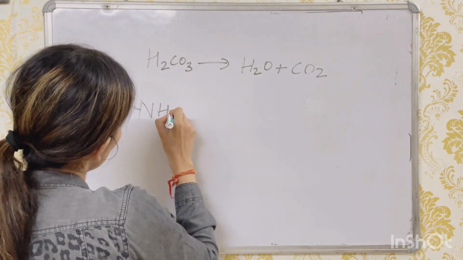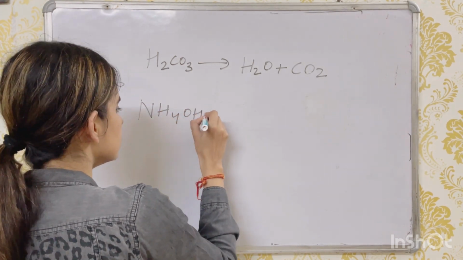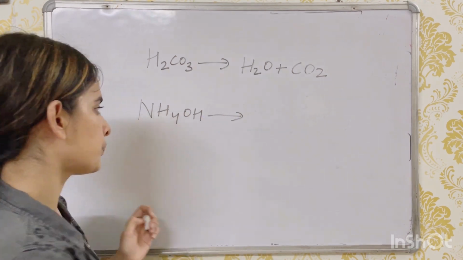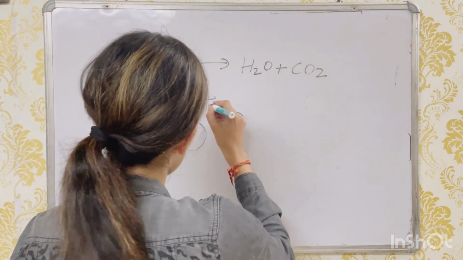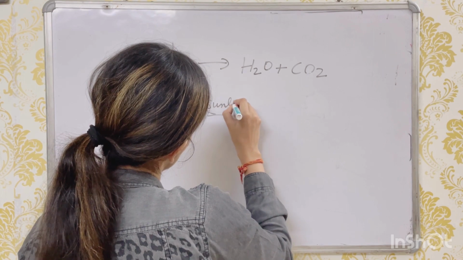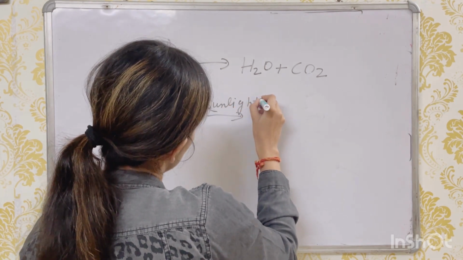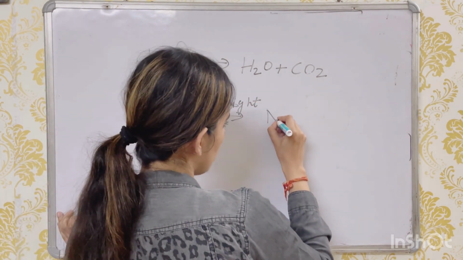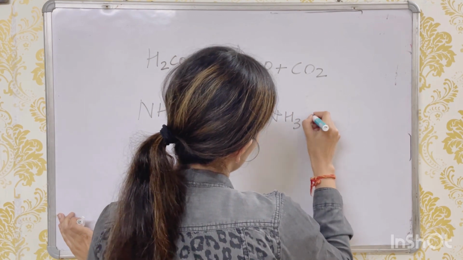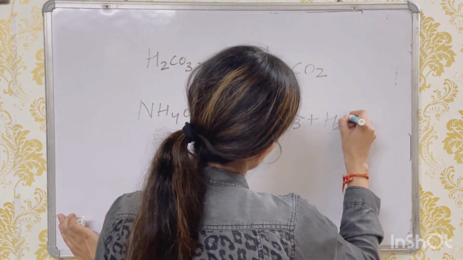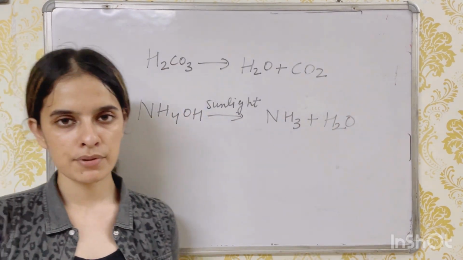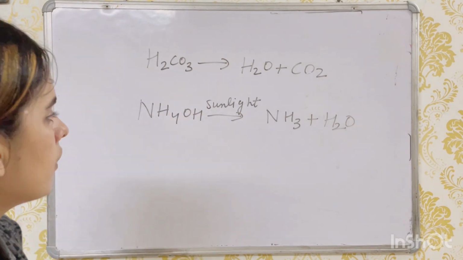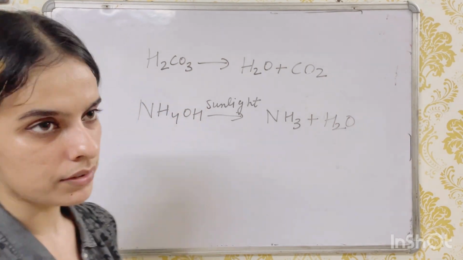This liquid ammonia, in the presence of sunlight, decomposes to ammonia and water. So this is also an example of decomposition reaction. The third one is hydrogen peroxide.